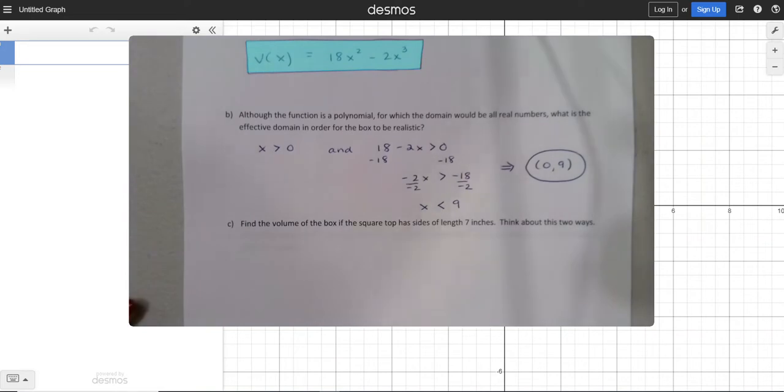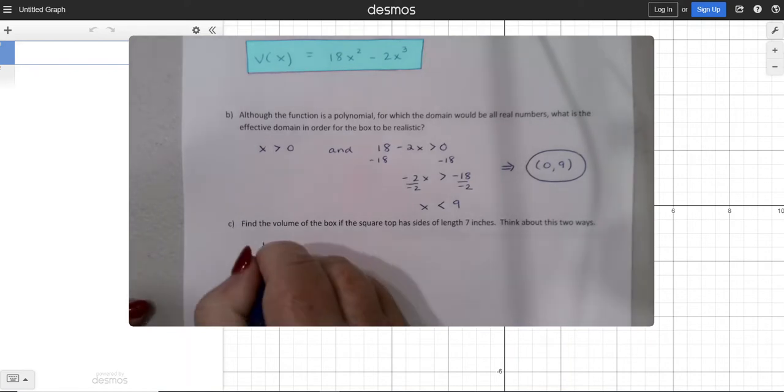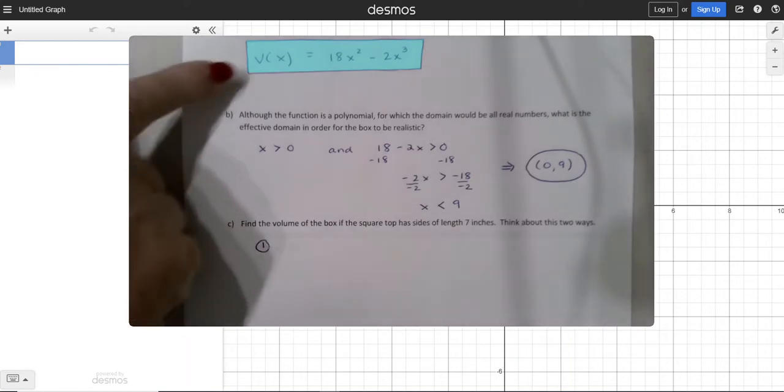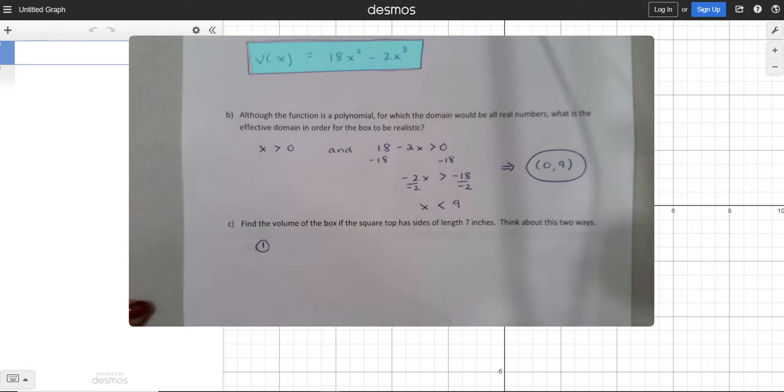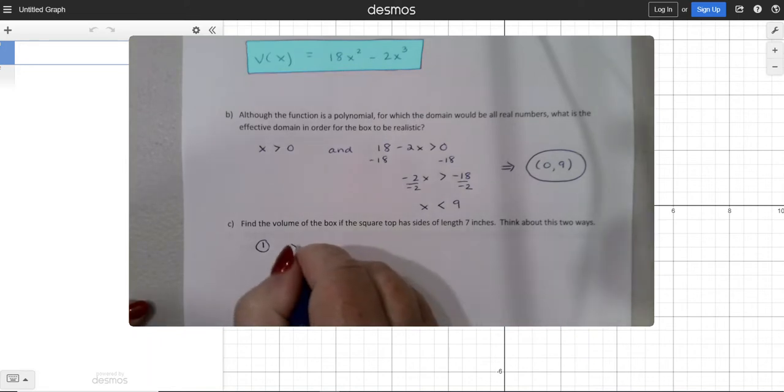All right, in part C, we'd like to find the volume of the box if the square top has sides of length 7 inches. And it asks us to think about it two ways. So I'm going to first of all say, well, I have my function V of x here. And what they've essentially told me is that since the square is 7 inches on a side, x is 7.